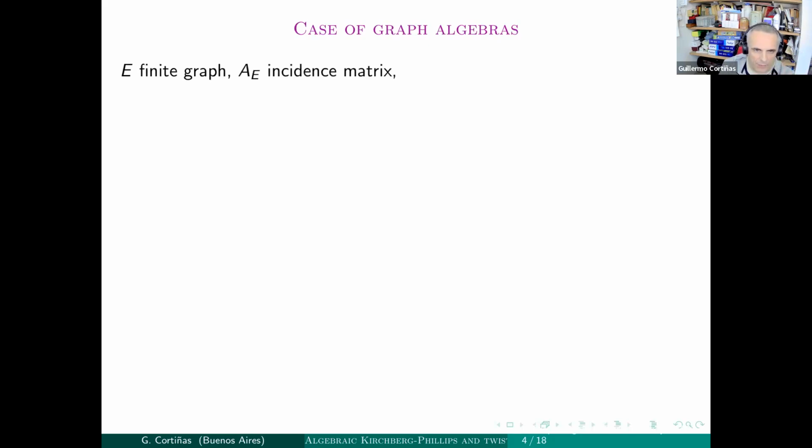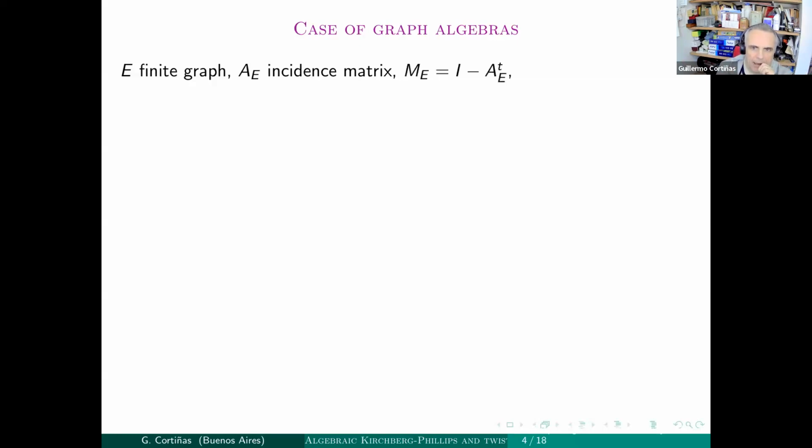So it is a finite graph with incidence matrix A. In my incidence matrix, if there are any 0 rows, I delete them. So my incidence matrix is reduced, so it need not be square if the graph has sinks. It will not be square.